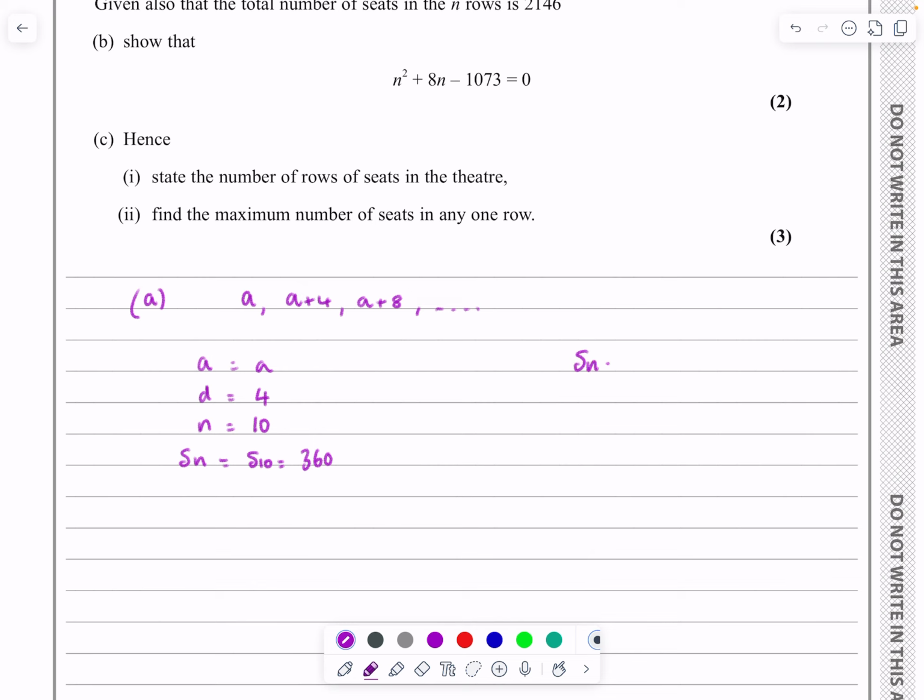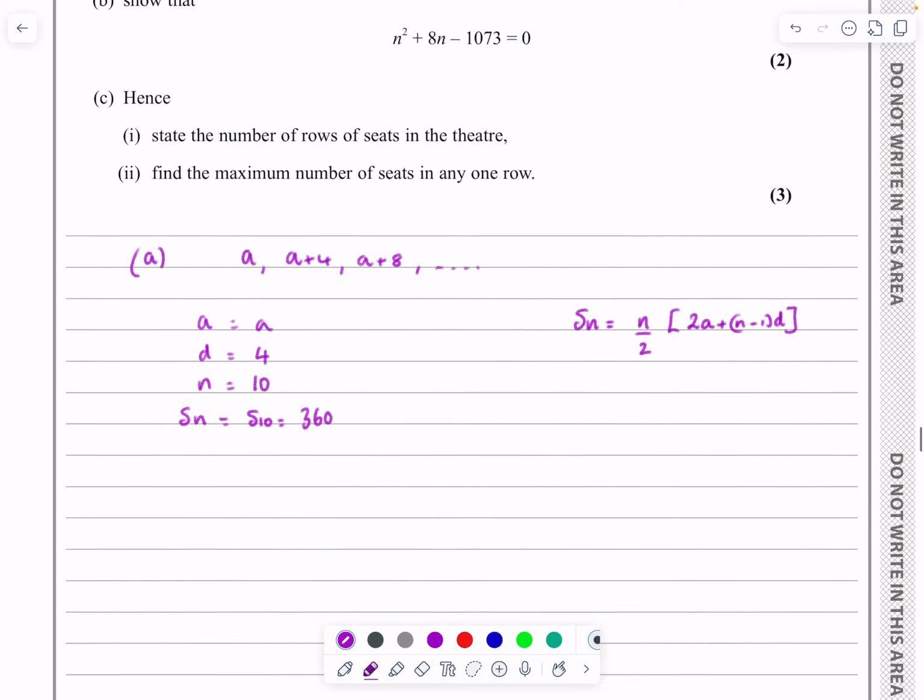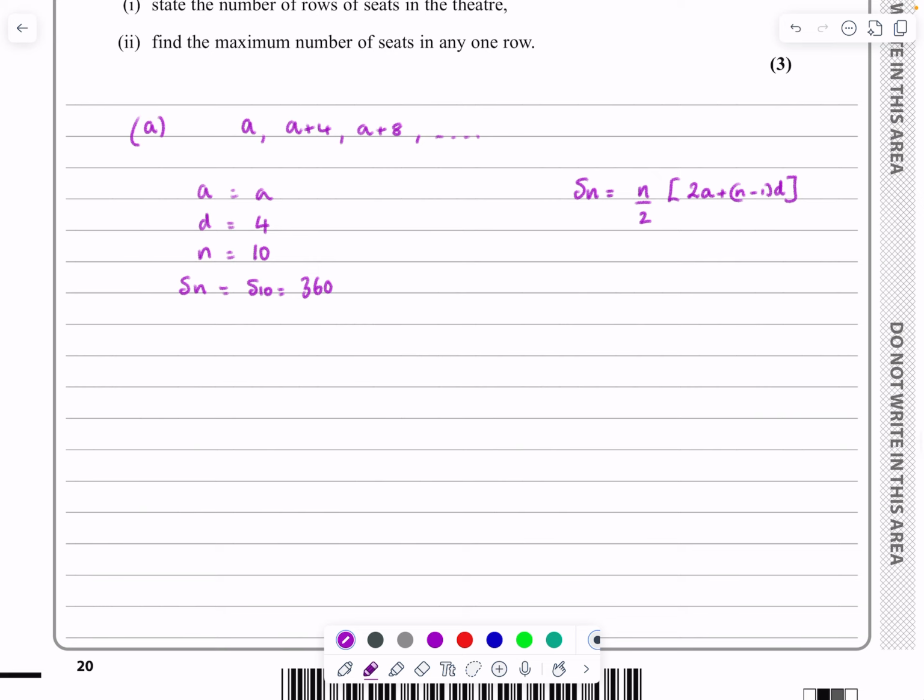So all I need to do is apply the formula, which is that the sum of n terms is n over 2, 2a plus n minus 1 times d, and now I'm just substituting everything into that. So in this question, n is equal to 10, so 10 over 2, 2a, don't know what a is, plus 10 minus 1 d, so that's 9d, and remember d is equal to 4, so that works out to be equal to 360, and we just now need to rearrange that.